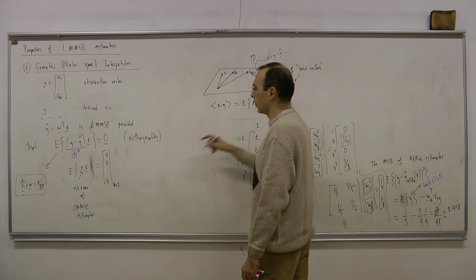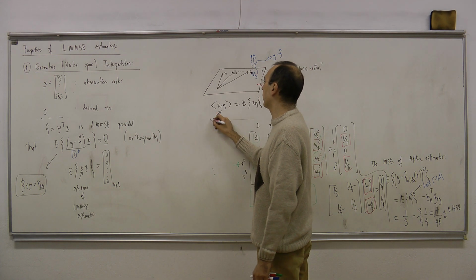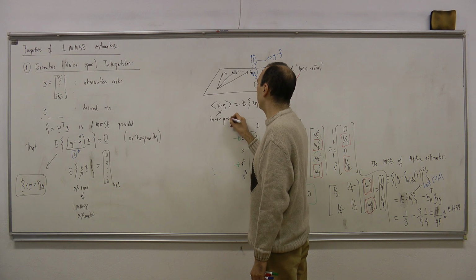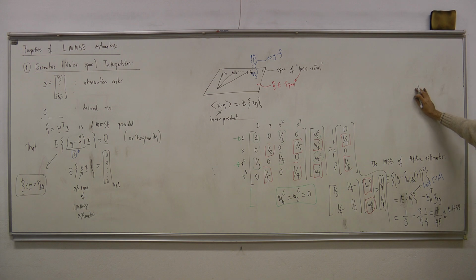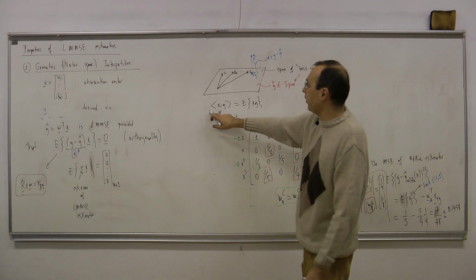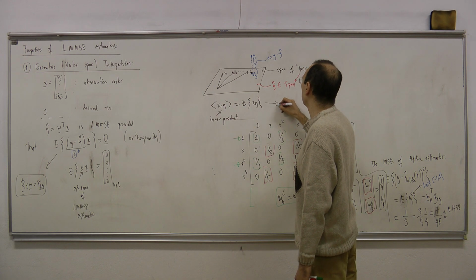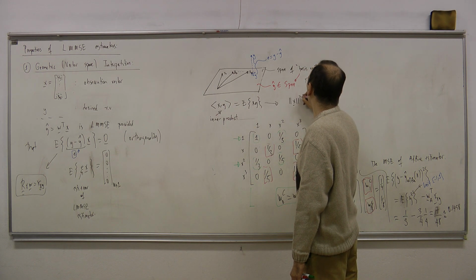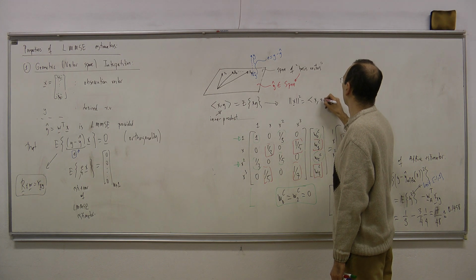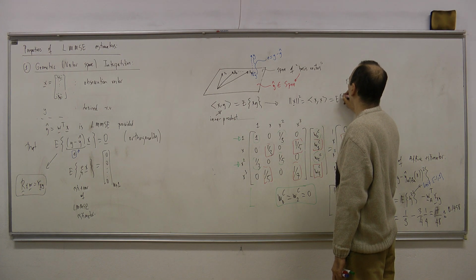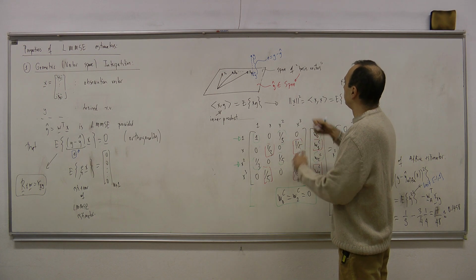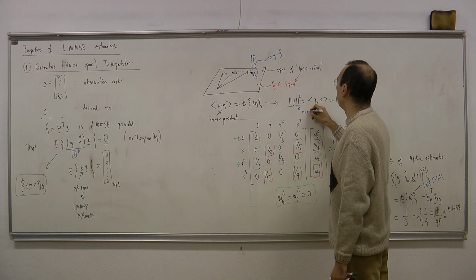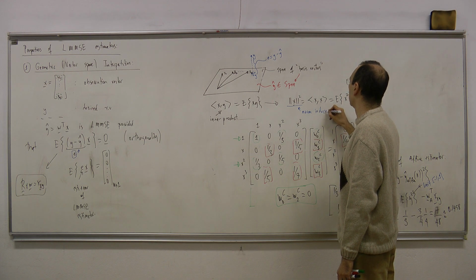Because the reason is, we are interpreting this calculation as an inner product, okay? So all of our previous knowledge about least square estimation now is applicable. The only difference is that I'm defining my inner product like that, and of course this is the norm induced by the inner product.